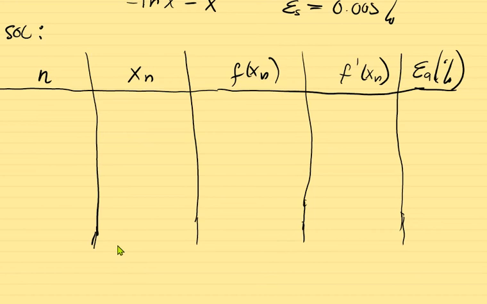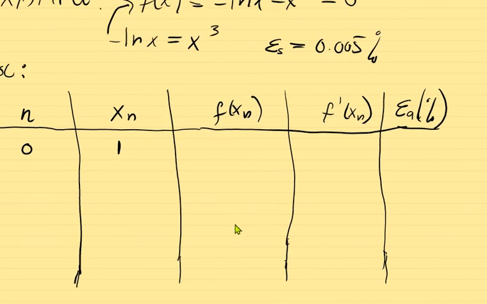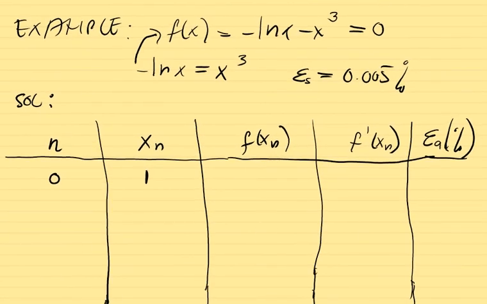Here, for our initial guess, because I know the root of this one, we can use x = 1. So our initial guess, x0, is equal to 1, where n equals 0. So what will be x0? x0 will be equal to 1, just like the previous example. Then solve for f of xn. Again, this is our equation here.